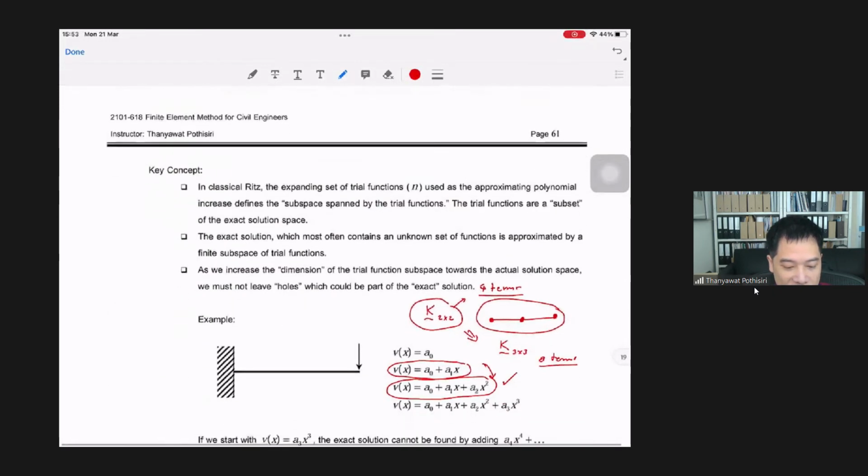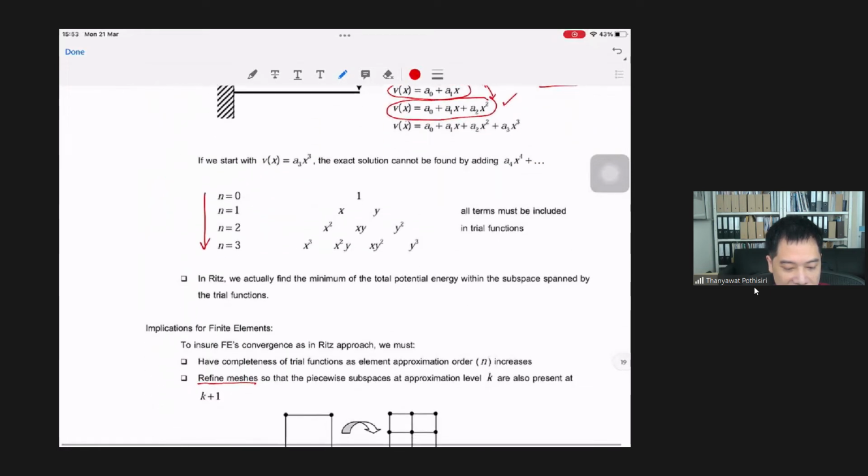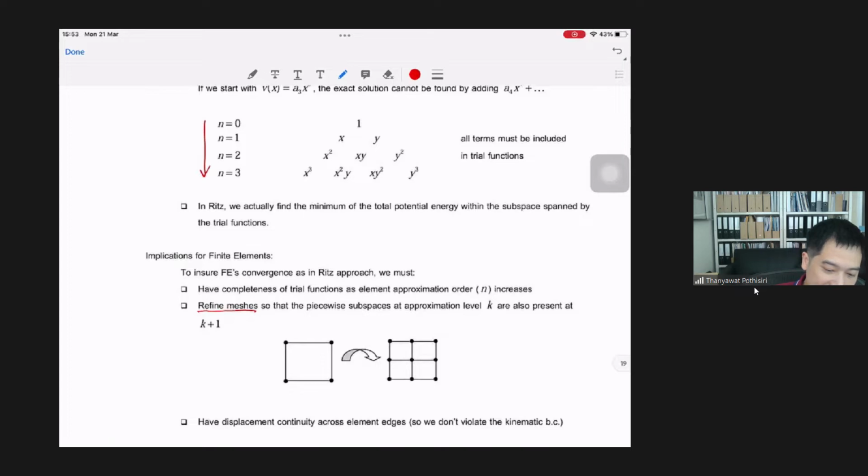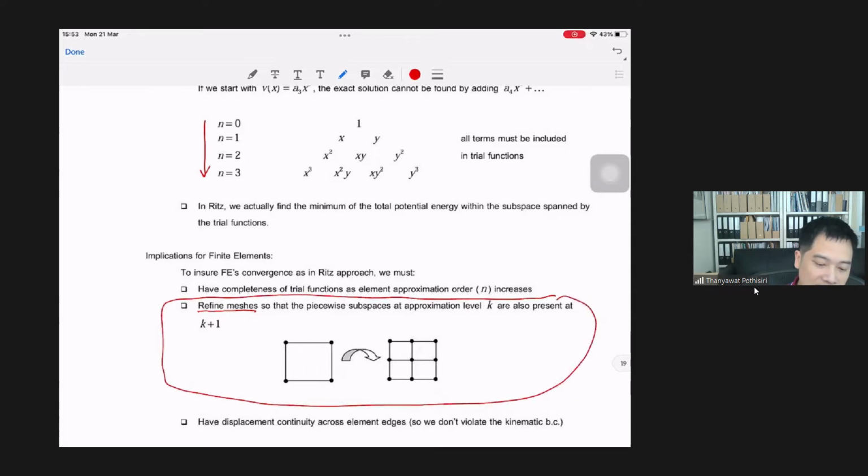You can do so by following this scheme right here. This is the way to ensure monotonic convergence.